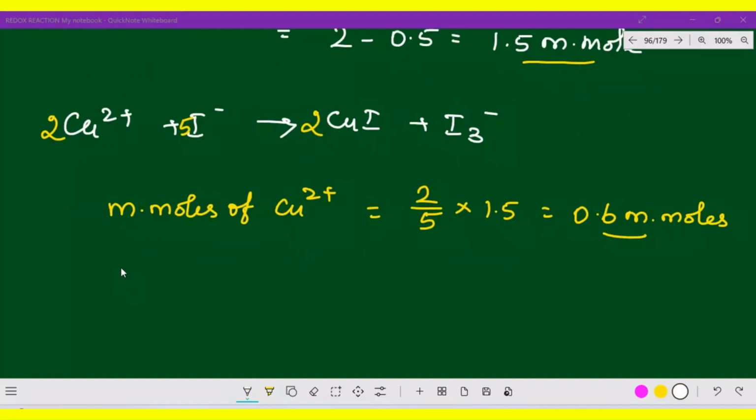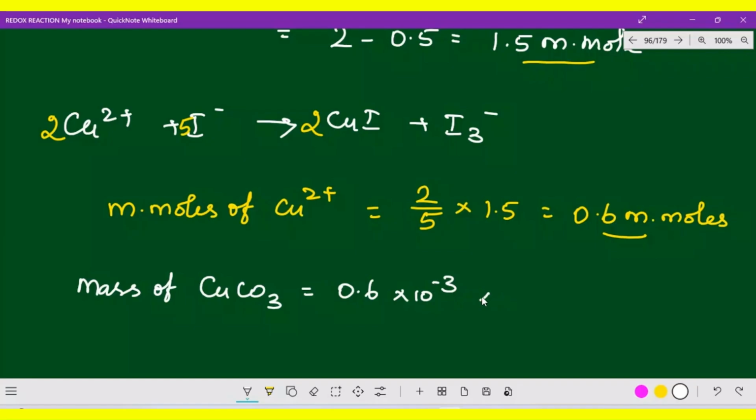Now from this we can identify the mass of copper carbonate taken for the reaction. The given mass is different, 0.1 gram, but here we removed the unreacted part. So 0.6 millimole, into 10 to the power of minus 3, into molar mass.